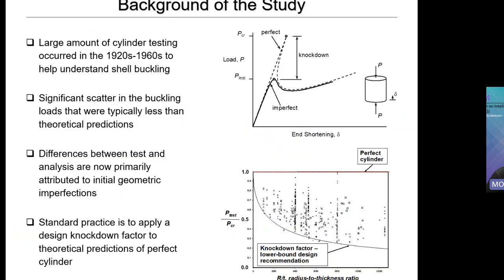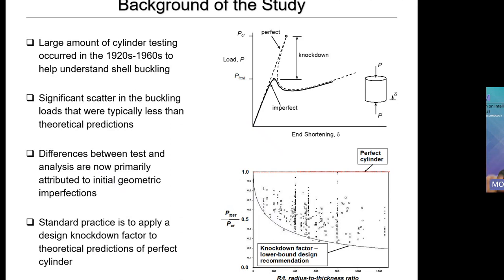Here is some background study. The problem with this sort of structure is that, theoretically, when we apply, for example, a cylindrical shell, we actually compress it. Theoretically, you're going to estimate a kind of load, which we mostly call the perfect load.